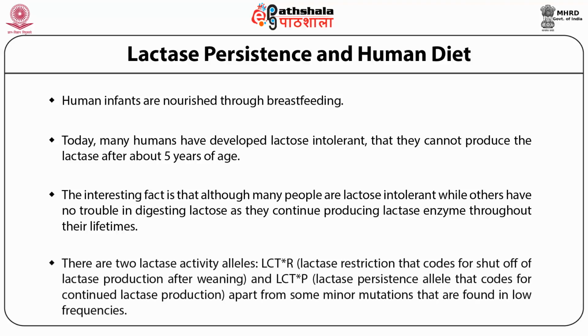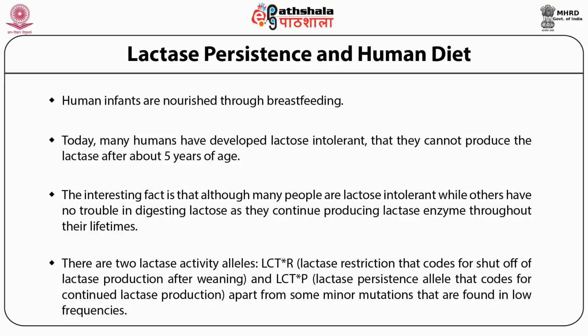There are two lactase activity alleles, LCTR and LCTP. The R stands for lactase restriction, which codes for shutoff of lactase production after weaning, whereas the P stands for persistent production of lactase.